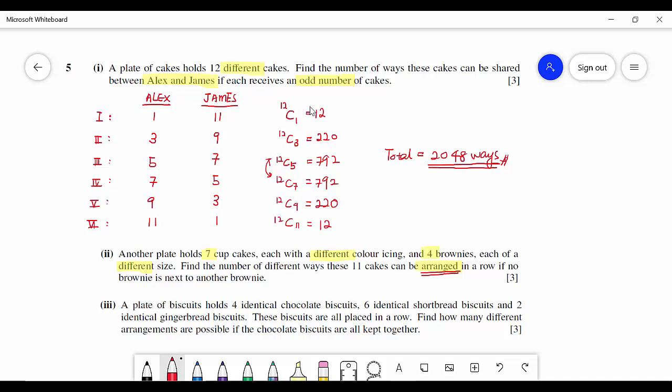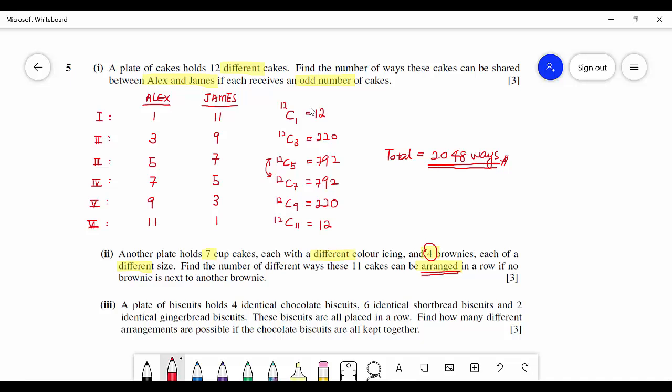Arrange means that you have to consider the permutation for the calculation of the answer later, or you can try to consider the factorial. Factorial or permutation when you see the keyword arrange. In a row, if no brownie is next to another brownie, that means you're having 4 brownies and all of them must be separated.